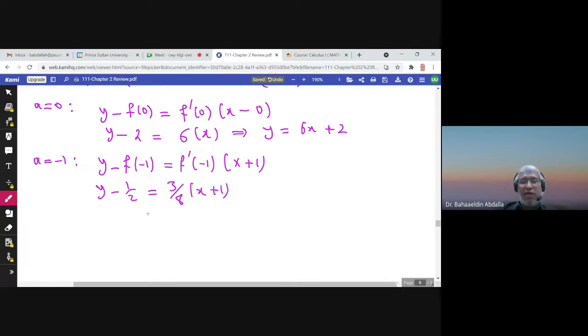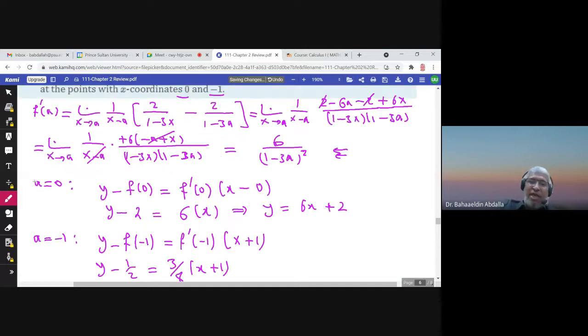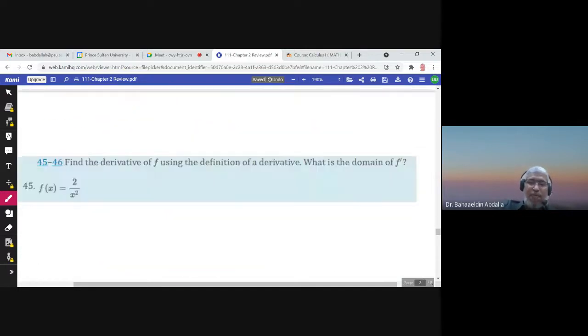And I can leave it like this, or I can take everything to the right hand side. So 3 over 8 plus half would be 7 over 8. So this is the equation of the tangent line at a equals negative 1.